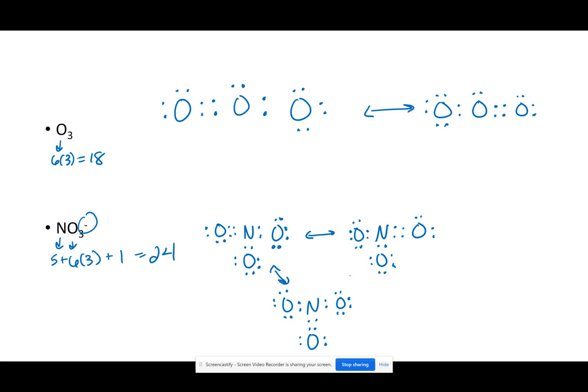So all 3 of those are valid Lewis structures. It is a polyatomic ion as well, so I guess I should put it in brackets with the charge on the outside. You don't have to draw all 3 or the multiple resonance structures beyond today, but I do want you to do it today just to get some of that practice in.